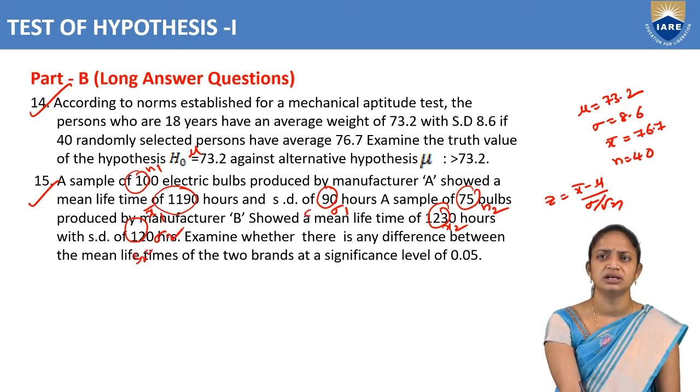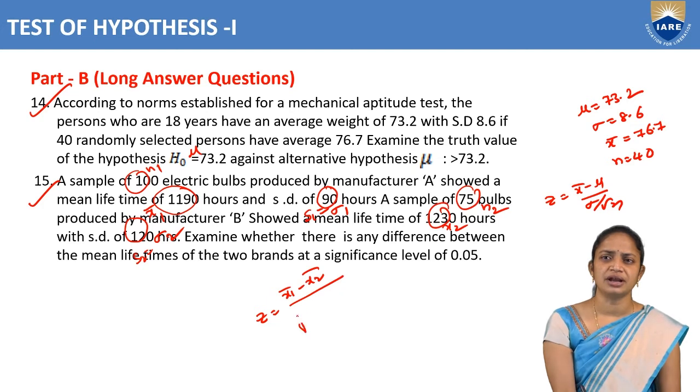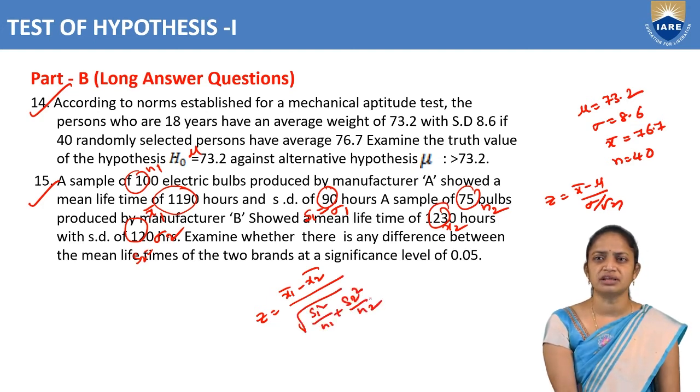Both are the same here. So we have to use x1 bar minus x2 bar divided by the square root of s1 square by n1 plus s2 square by n2. Otherwise, we can write sigma 1 square by n1 plus sigma 2 square by n2. Everything is the same. The procedure is the same.